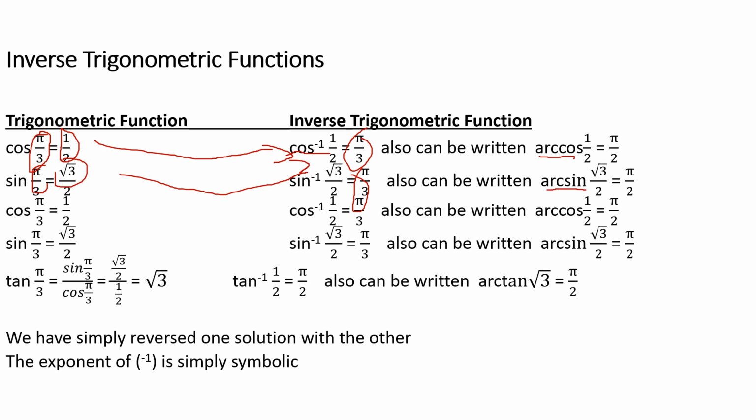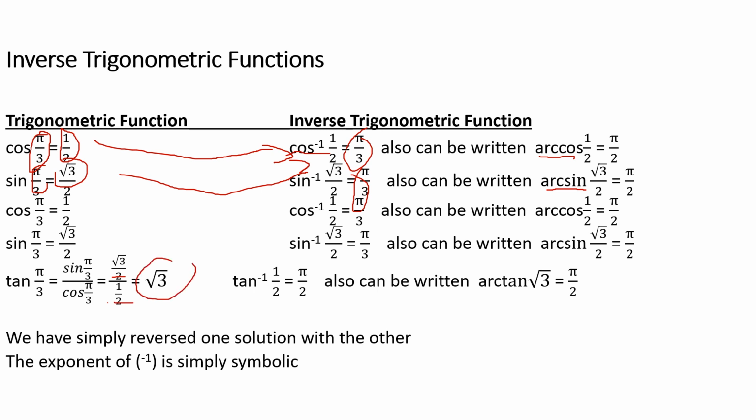And then the arc tangent is found very simply: if the tangent is sine over cosine, tangent of pi over 3 is sine of pi over 3 over cosine of pi over 3, that's square root of 3 over 2 over 1/2. So the tangent is square root of 3 over 1.